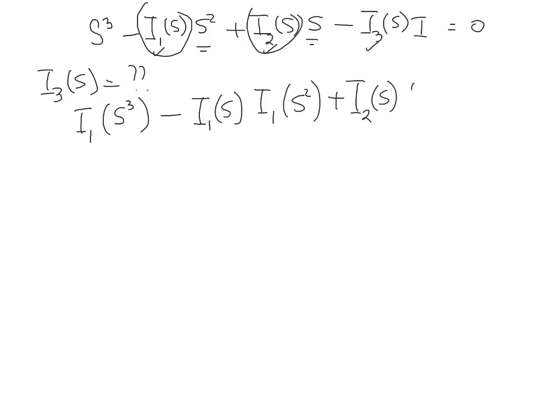So you take your trace, which is the first invariant of S, and you can't take a trace of this because your determinant is a scalar, and you take the trace of your identity tensor equal to 0. Okay?